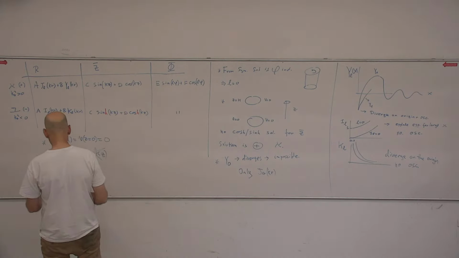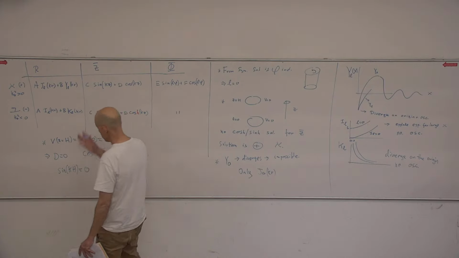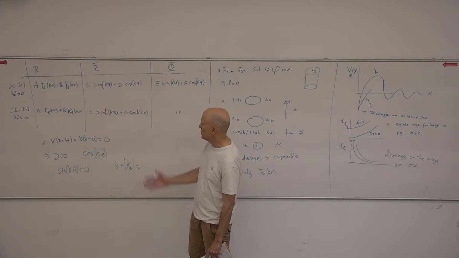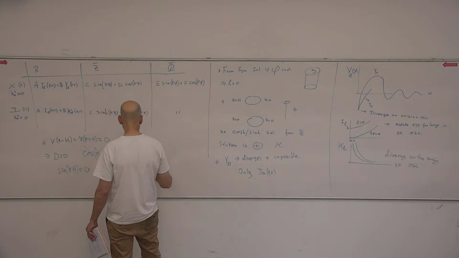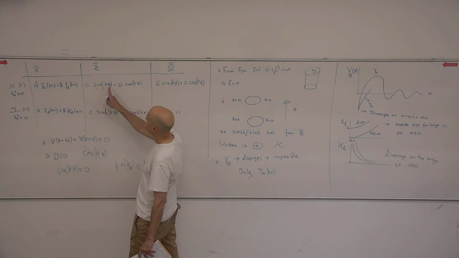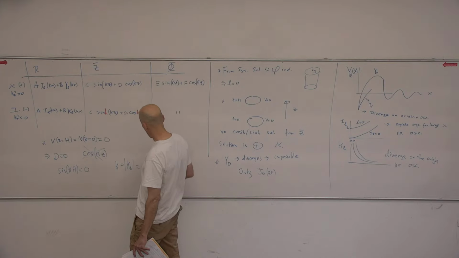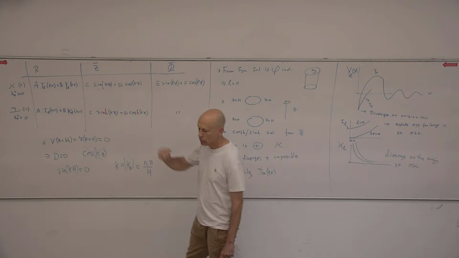Okay, so that just means that k, what we called before kz, just to emphasize that the quantization comes from the z point of view, is n pi over h. Why? Because if I put here n pi over h and put z equal h, that will give you 0 on the boundary.